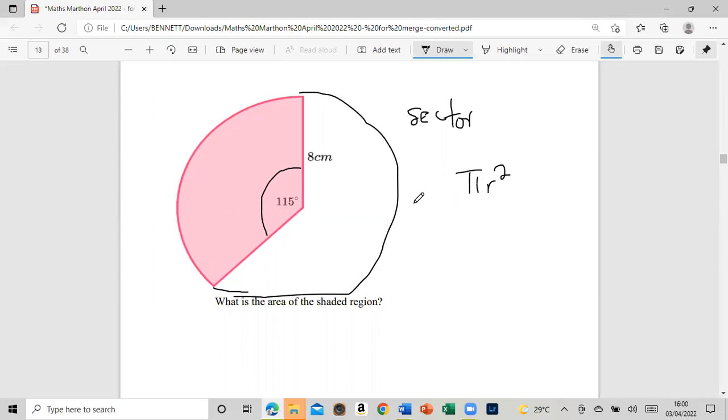So it's the angle, 115, over 360. Somebody punch this on the calculator quickly. We can use pi as 3.14 because it does not give you a multiple of 7, right? So we have to use 3.14, easier. Times 8 times 8, so the radius would be 8 times 8.